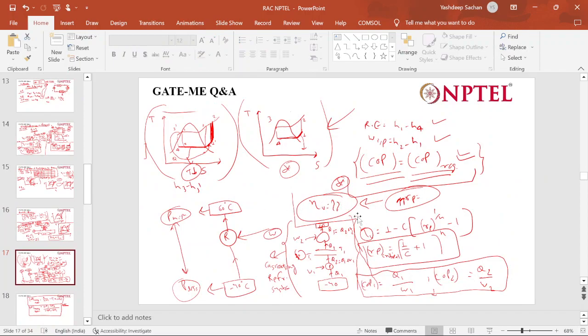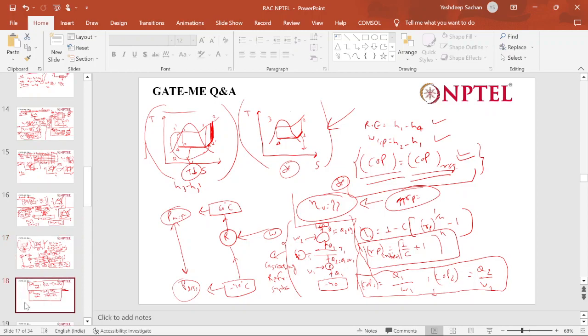Next, can anyone tell what this is? Cascade systems. This is the cascade refrigeration system. Today we are not going to see a problem on that; next class we will solve one problem on it, and then switch to the next set of things I have given there.